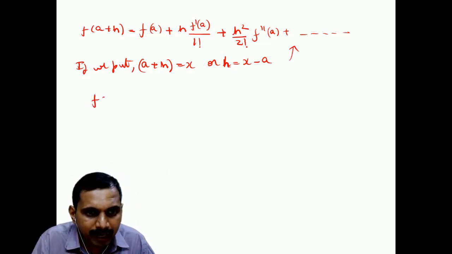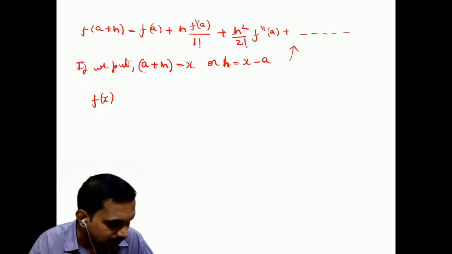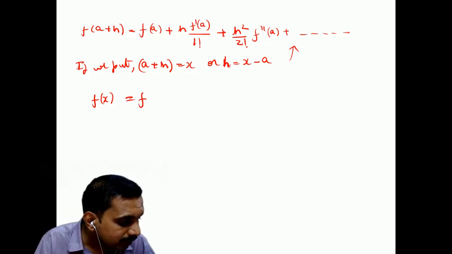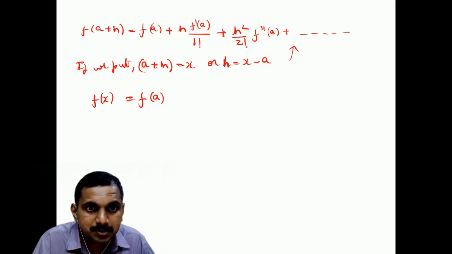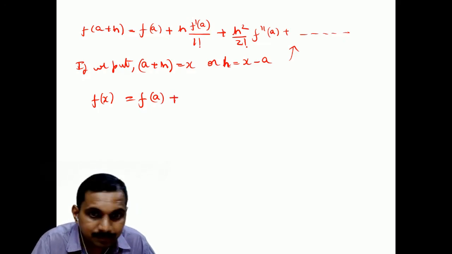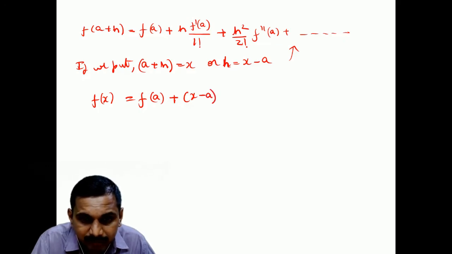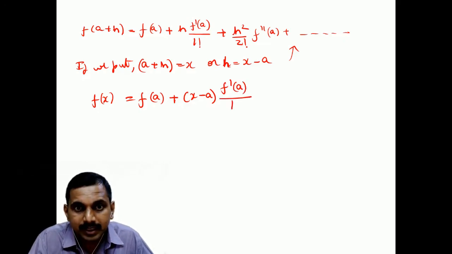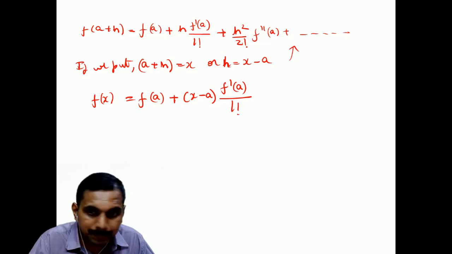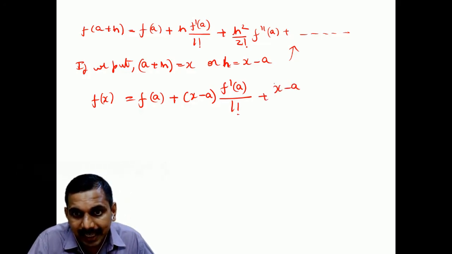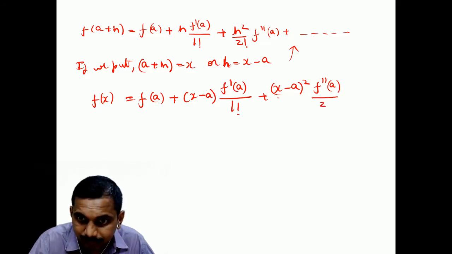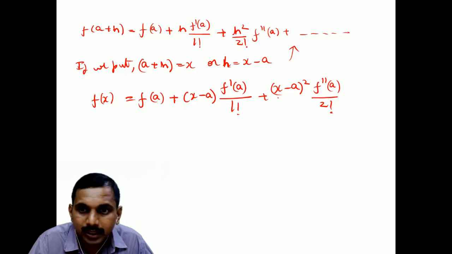We get f of x is equal to, I am ignoring the last terms, not needed, f of a, plus x minus a, this is very very important students, what I am writing, f dash of a, tomorrow we will do problems on this, divided by 1 factorial, plus x minus a the whole square into f double dash of a divided by 2 factorial, and so on.